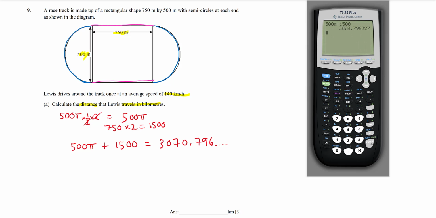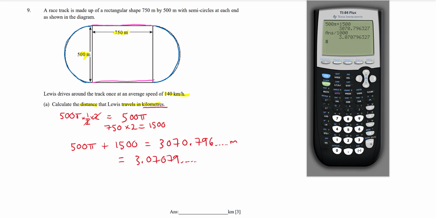So just remember that is in meters, and we need the answer in kilometers. So if we divide this by 1000, we're going to get 3.07079, and then a bunch of other stuff.